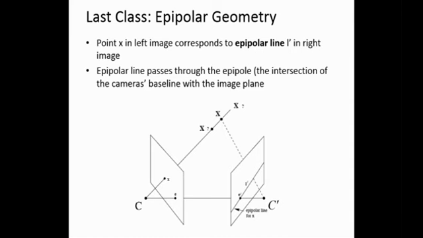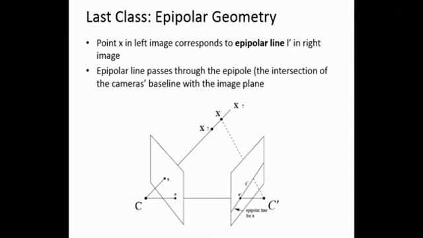If you have a point in the scene imaged onto one of the cameras, then the essential matrix will relate these two cameras. The essential matrix will map from a point in one image onto the epipolar line in the other image, or from a point in the second image onto the epipolar line in the first image. And the epipolar lines will all pass through the epipoles of a camera. And the epipole is the projection of one camera's center onto the other camera's image plane.